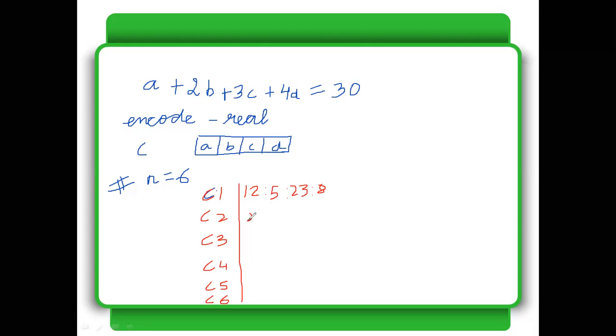Likewise, I have my second individual, which is having 2, 21, 18 and 3. Then the next one is 4, 13 and 14.